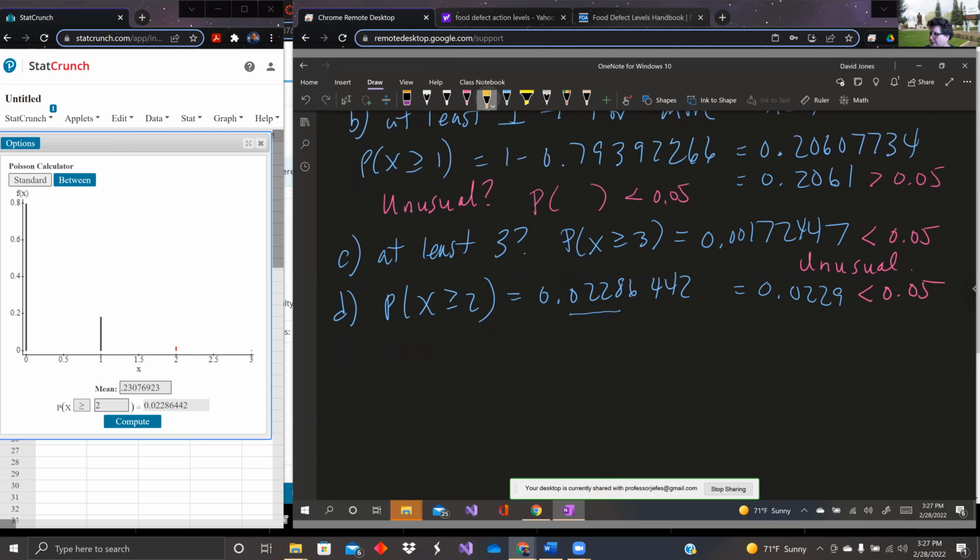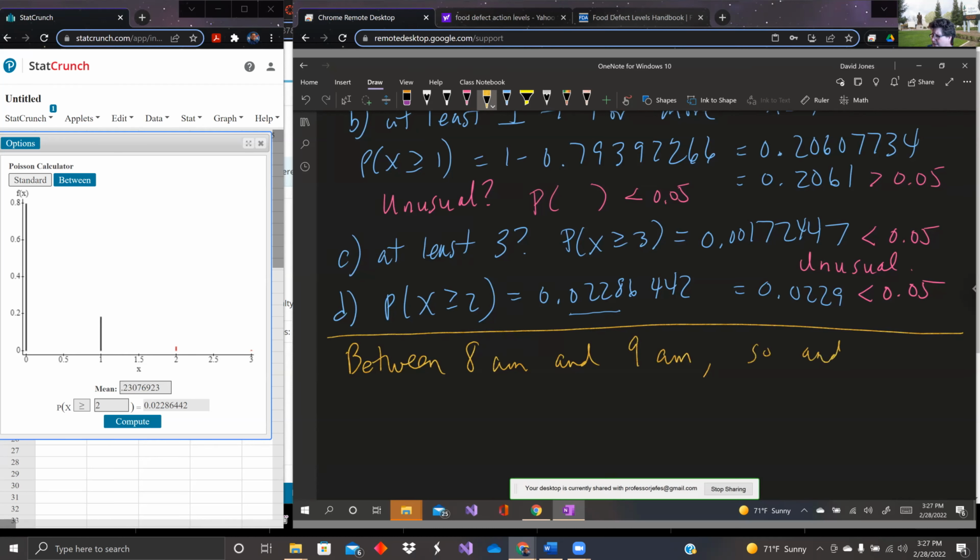I'll mention one more thing because I know they tend to have problems like this. They'll tell you like between 8 a.m. and 9 a.m. so and so experiences an average of 4.2 visitors, callers, whatever it is, per minute.